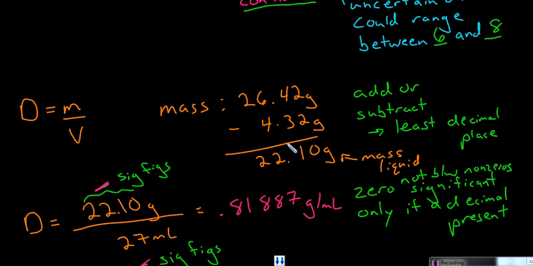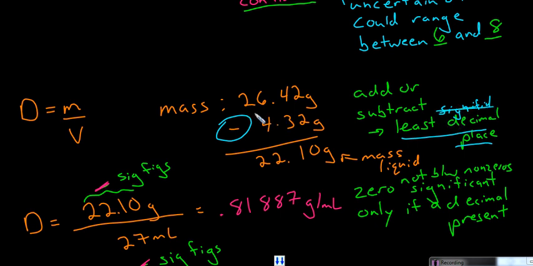And so you see that we are doing a subtraction here. And you may recall from honors chemistry or regular chemistry that when you do an addition or subtraction of a number, you should be reporting the result depending upon the decimal place.